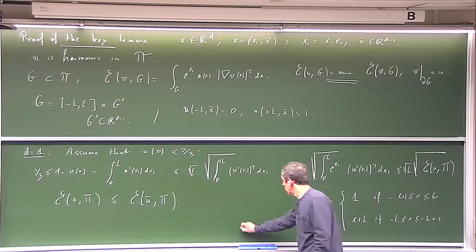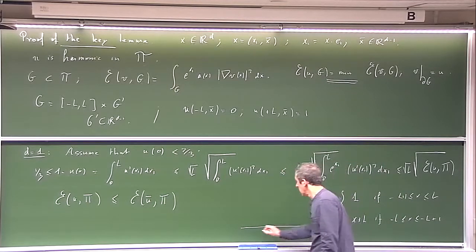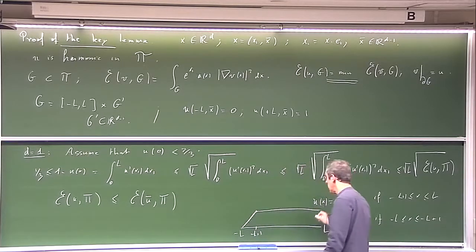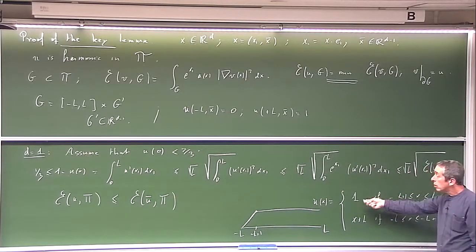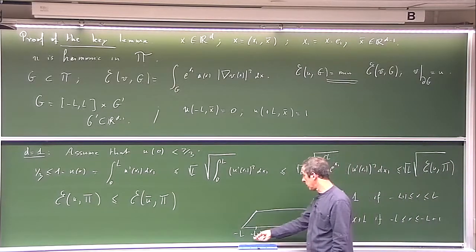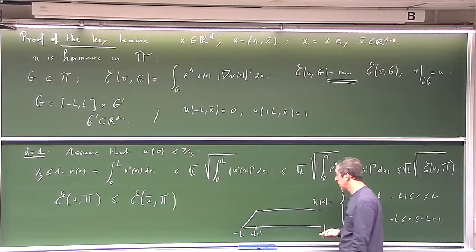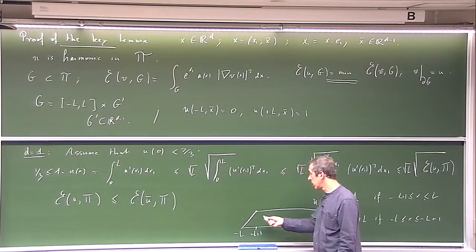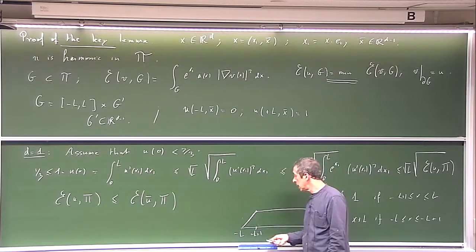Okay, so we have minus L, L, and this is minus L plus 1. And so we go like this, and then it's constant. And in the gradient of this function, everything after minus L plus 1 does not contribute, the gradient vanishes. So the only thing which is left is something here, where the gradient is 1, I guess.